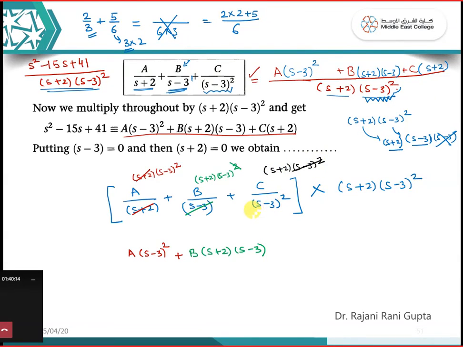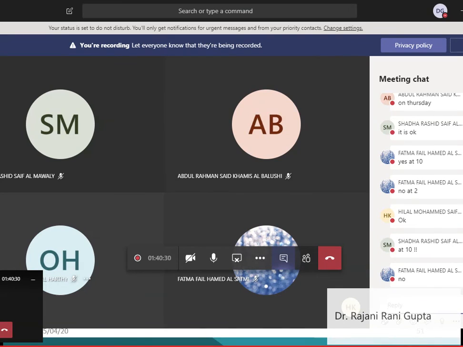This cancels, so with C you are left with s plus 2. Okay, so this is another way. See, you do it in any way, you end up with the same answer. Is it clear?